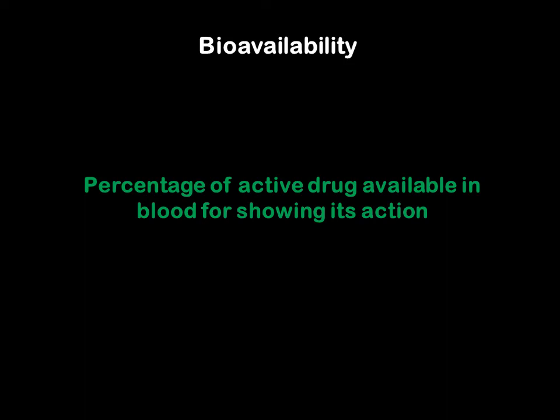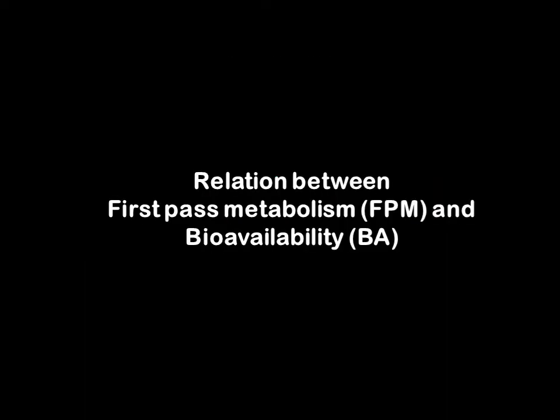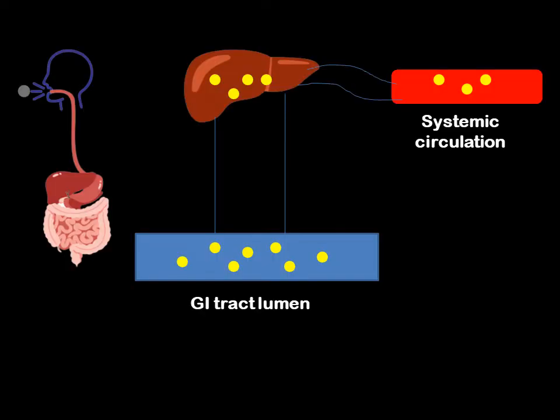Now, the question is, what is the relation between first pass metabolism and bioavailability? Let's take an example and carry forward the example of 100. Suppose we take a tablet having 100 mg of active drug. It goes into the stomach, into the intestine, and before it goes into the blood, it enters the liver.